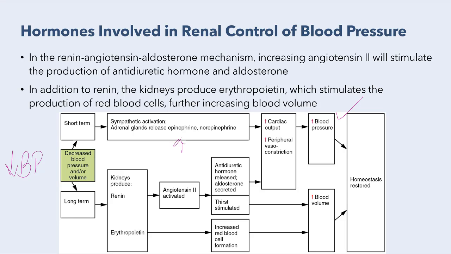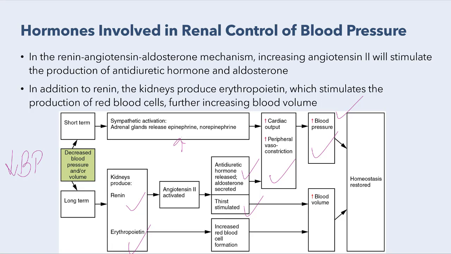If the drop in blood pressure is long-term, then this is when the kidneys produce renin, and we saw the RAA system. We can stimulate thirst this way. We can cause aldosterone secretion at the end, which again will contribute to vasoconstriction. It will contribute to reabsorption of sodium, water retention, and an increase in blood pressure.